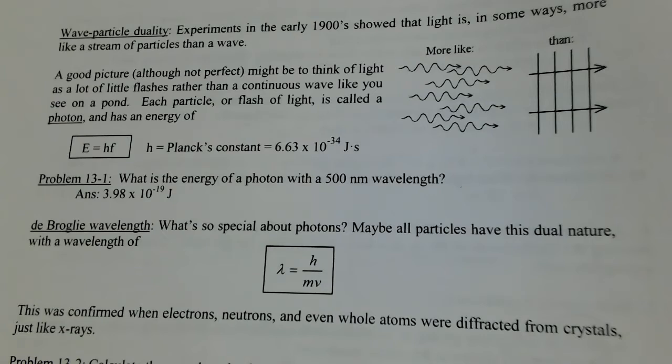Maybe anything has a wavelength. So he generalized the idea that we were just talking about at the top of the page here, and said electrons, all sorts of different things, could have a wavelength equal to Planck's constant divided by their momentum.